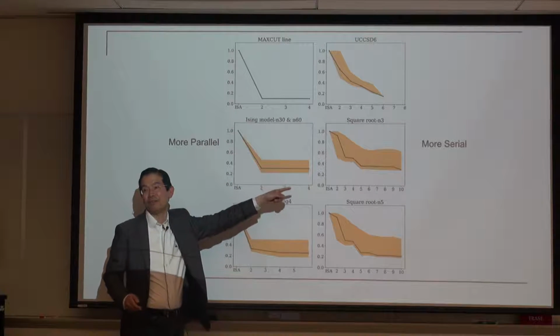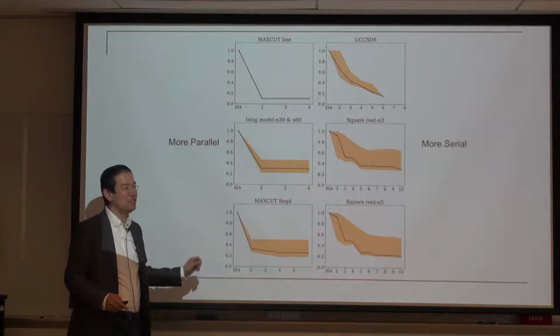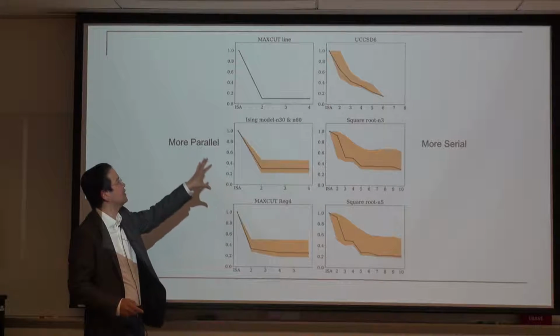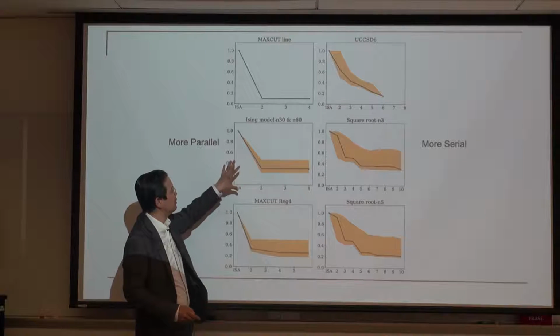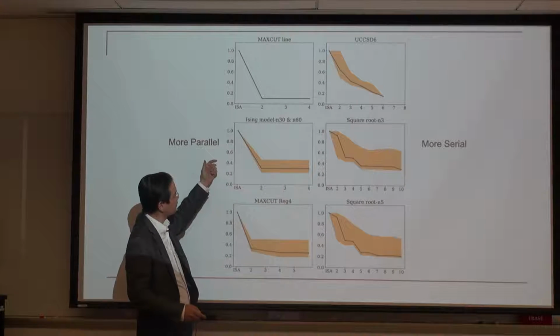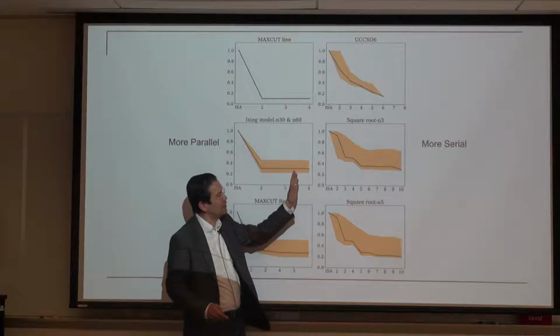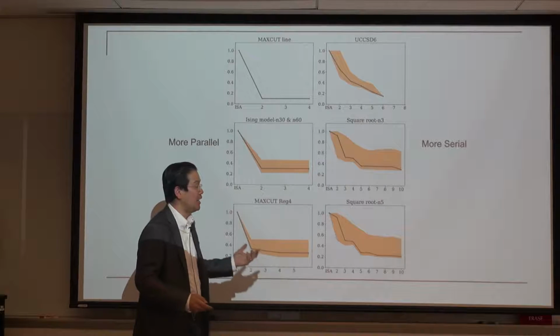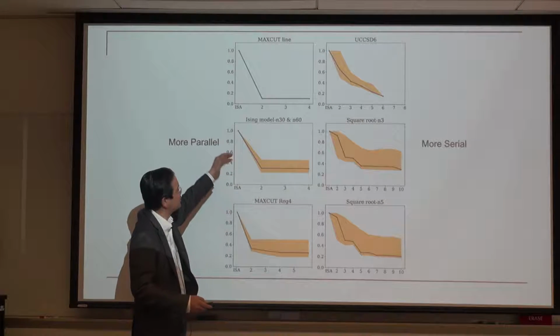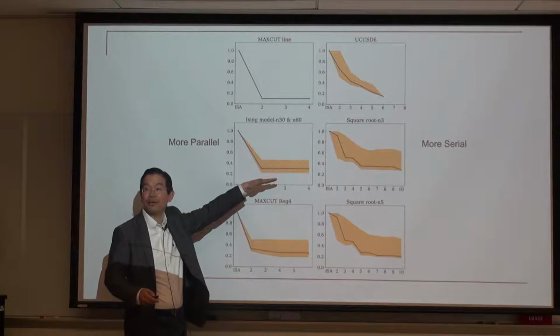So how much faster are we as we go to the right? If you take a look at these, mostly arithmetic circuits and some chemistry circuits, what you find is that some of them are more parallel in their execution, and some of them are more serial. The more parallel ones actually tail off quicker.